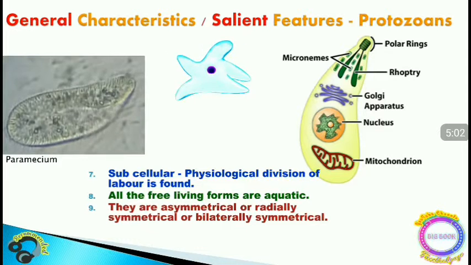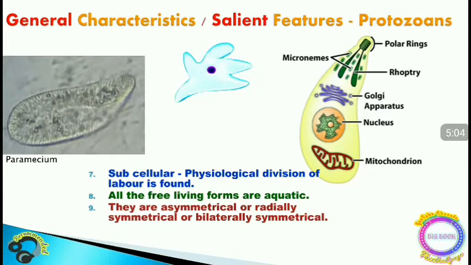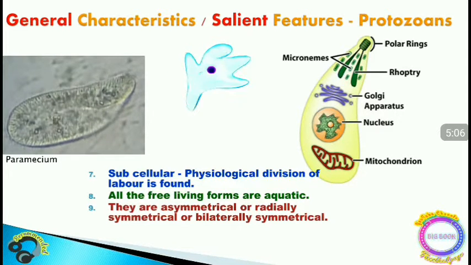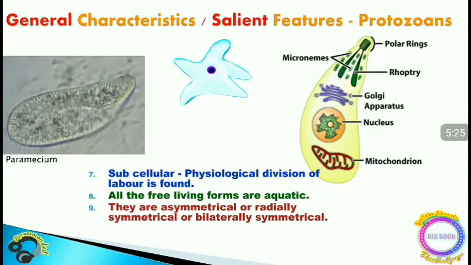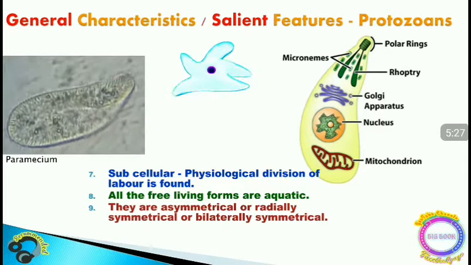When you see amoeba and cut the amoeba, it gives radially symmetrical, and sometimes due to the irregular structure you will see the asymmetrical form of division also. When you see the paramecium, if you cut longitudinally, it shows bilateral symmetry.